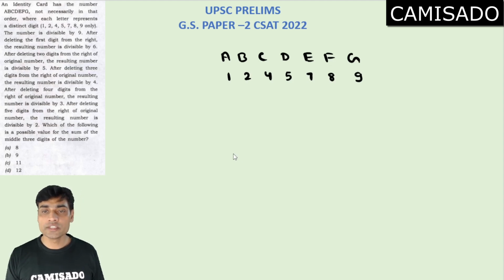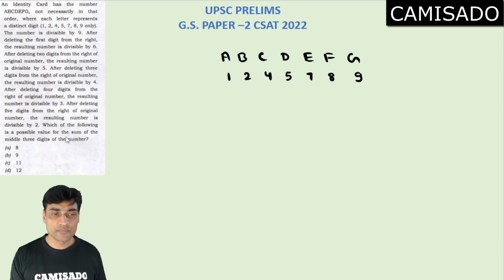Now using these digits, the order can be different. We have to find a number using this condition, and at last the question is, which of the following is a possible value of the sum of the middle three digits of the number. So first of all we have to find out the number, and then we will see the middle digits and what value they should have. So basically it's a 7-digit number.